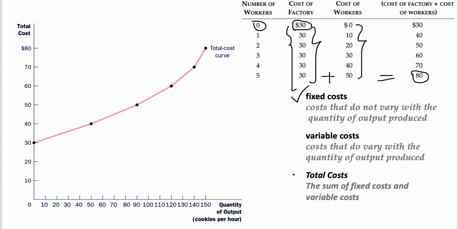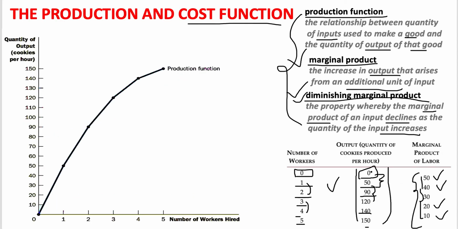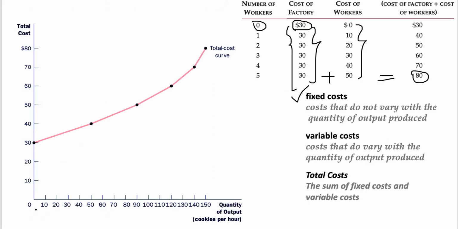Now if we plot this whole information on a graph, make sure you remember this example of our output. You should know these are the total output, which is from 0 to 150. So on the x-axis we have total output, quantity of output, and this is our total cost.